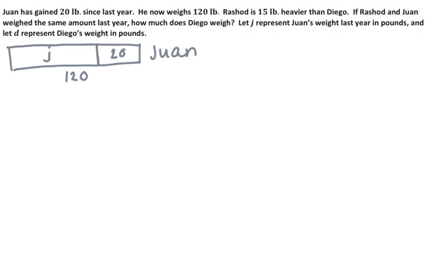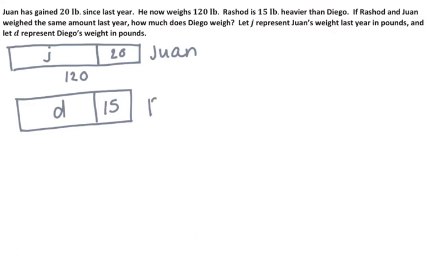Now we're going to draw a tape diagram to represent Rashid's weight. So I'm going to draw a rectangle, cut it into two boxes. Rashid is 15 pounds heavier than Diego, so I'm going to put 15 in the one box, and then D in the second box.